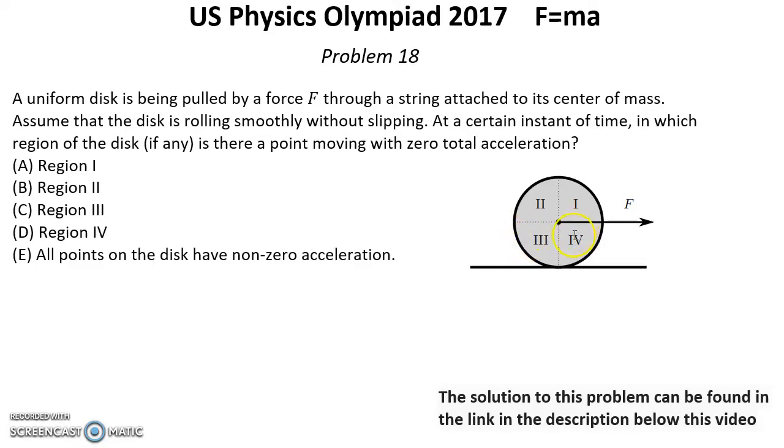So we have two parameters which we can use to cancel even total acceleration and tangential acceleration. So it means that in region 4 we can get points with zero acceleration. And this is answer D, the correct answer. It was the solution for problem 18.